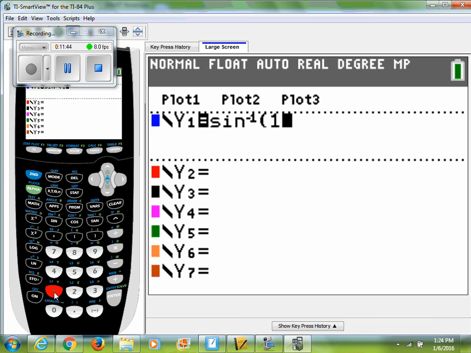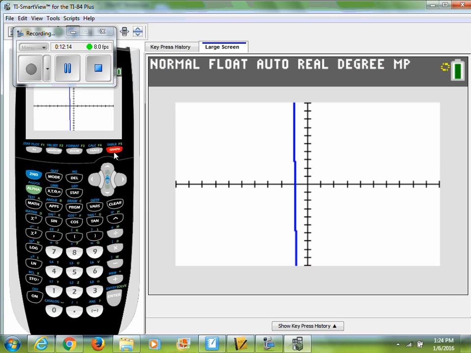Since we're doing x squared minus 1, we'll do the inverse sine of x squared minus 1, and you're going to graph it.